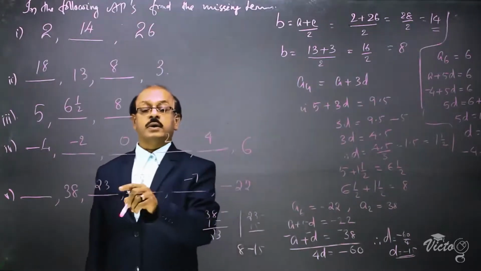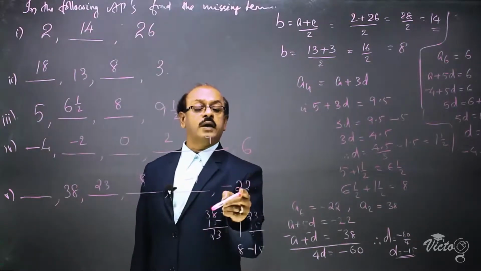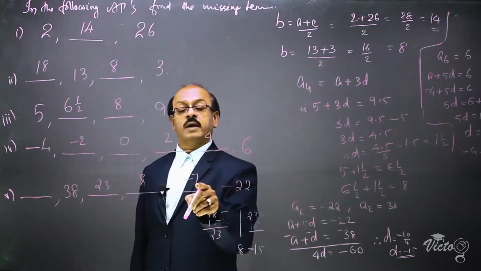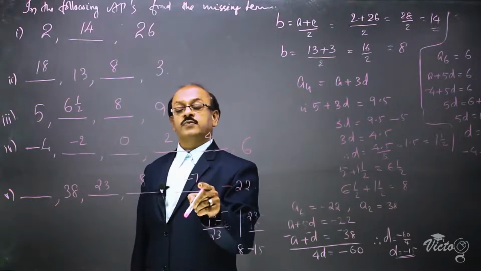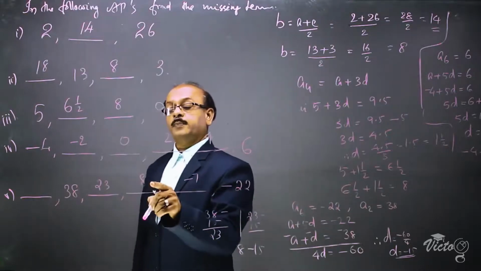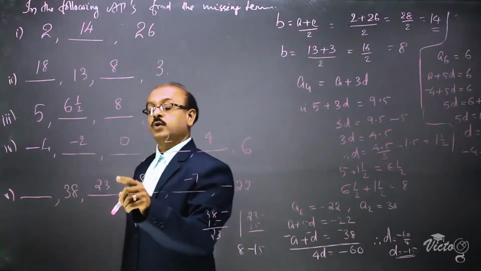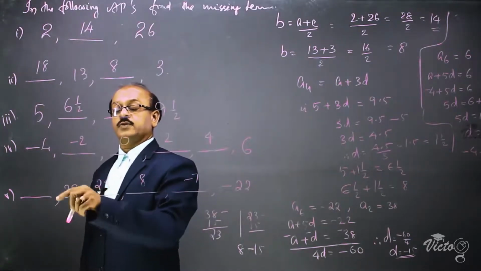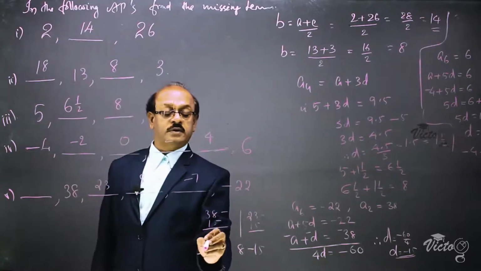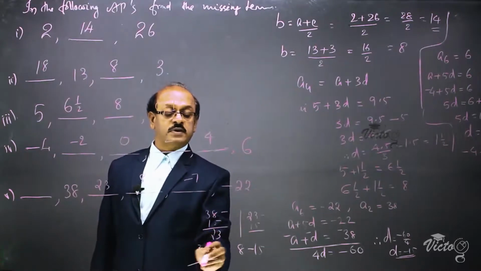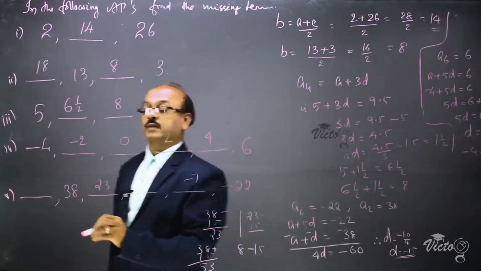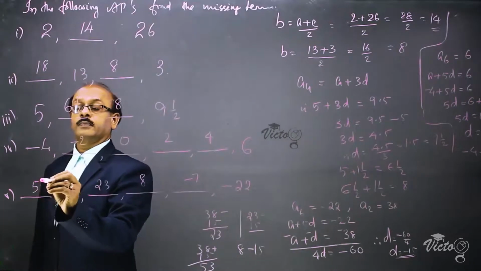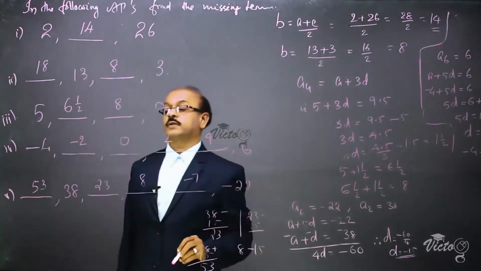In reverse order, we add 15: minus 22 plus 15 is minus 7, minus 7 plus 15 is 8, 8 plus 15 is 23, 23 plus 15 is 38. Now 38 plus 15 is 53, the first term.